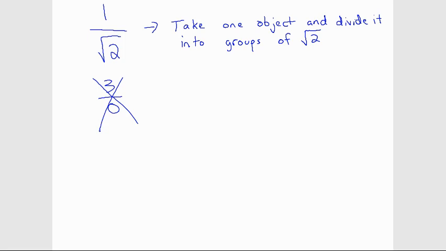So what do we do? Well, when I think about what it means to rationalize the denominator, it means I want the denominator to be a rational number. So I want to add or subtract or multiply or divide by something that is going to give me a rational number in the denominator. Well, I happen to know this.